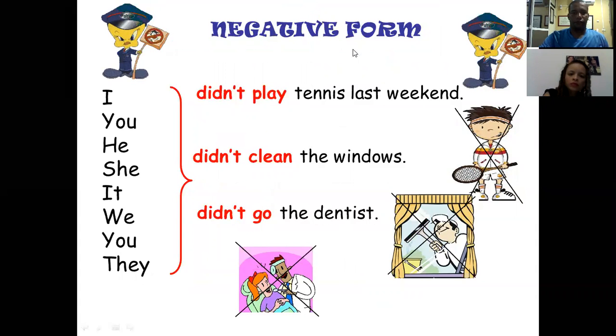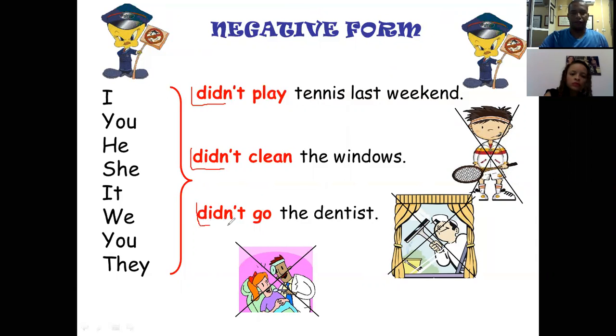Bueno, miremos aquí, Judy. Esta es la forma. This is the form that you can write sentences in negative form. In negative form, you must use the auxiliary did. Okay?